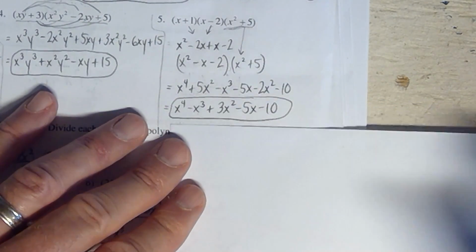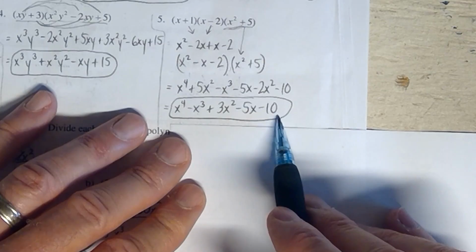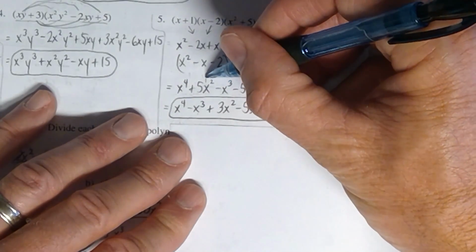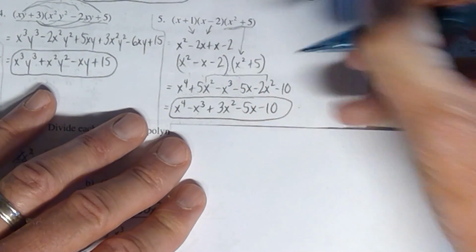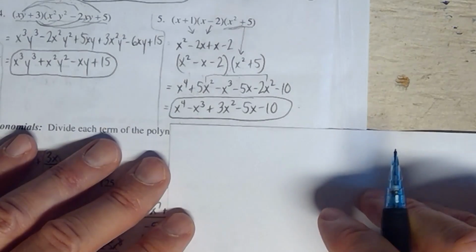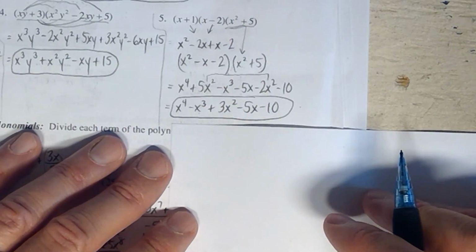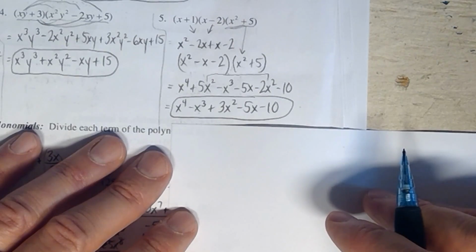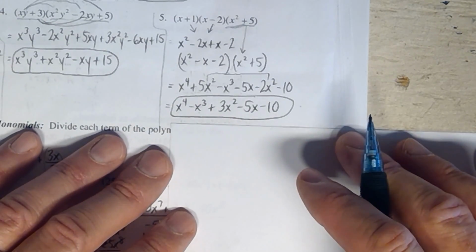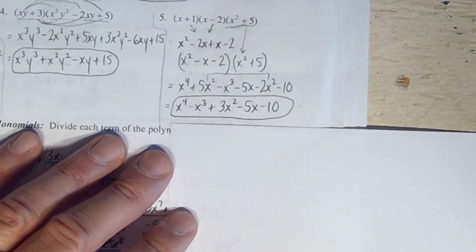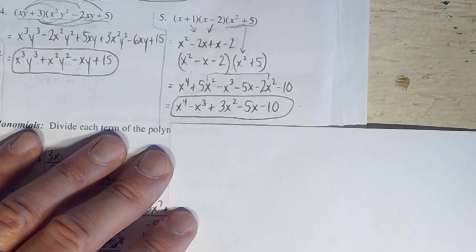We combine like terms and we get what you see right here. These two terms were the only two terms that were like terms. I went ahead and put them in descending order of degree, even though I didn't have to, but like I've said before, we typically do that. So that finishes up our discussion on multiplying terms and polynomials.